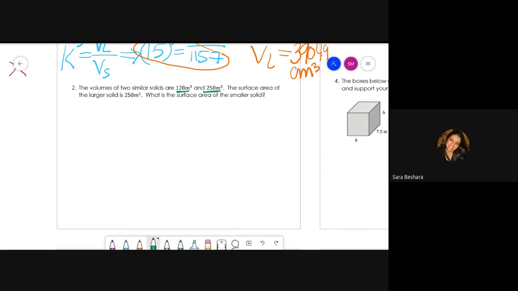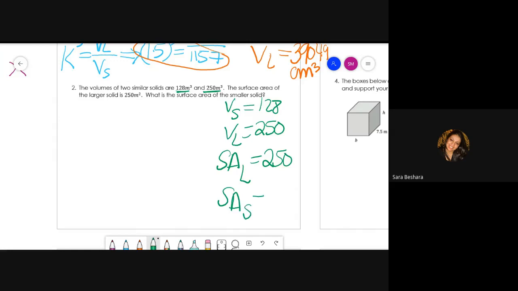You probably can tell the 128 is a smaller volume, so the volume of the small solid is 128 and the volume of the large solid is 250. The surface area of the large solid is 250. It's okay, the numbers came to be the same. What's the surface area of the smaller solid?